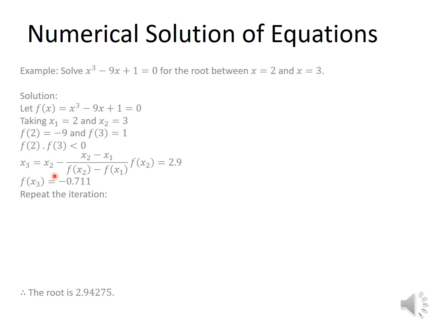Just substitute x2, x1, fx2, and fx1 into this formula. So we have the value 2.9, and you substitute this 2.9 into the original function to see the output. The output is negative 0.7. So the condition, you see the value is still far from 0.1. So we need to repeat the next iteration.